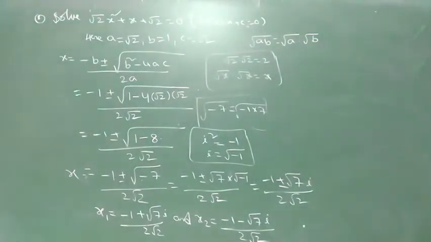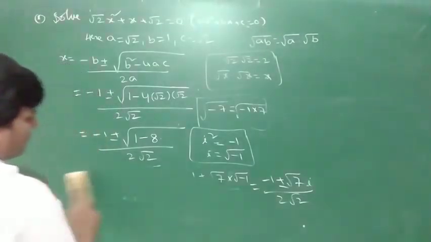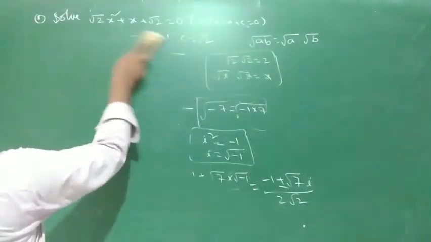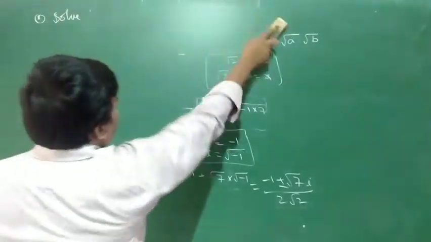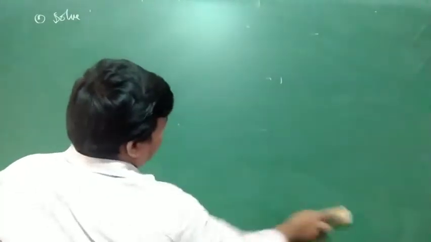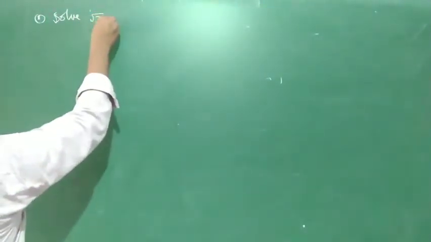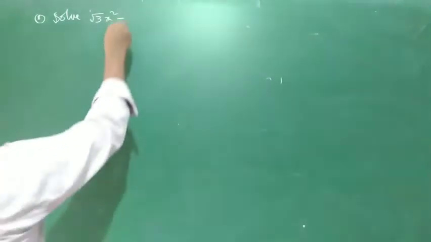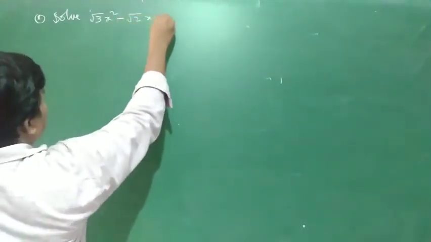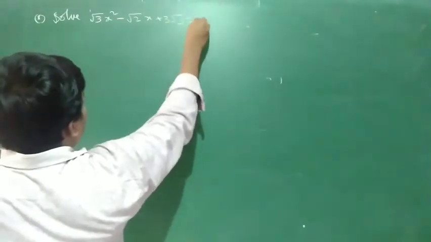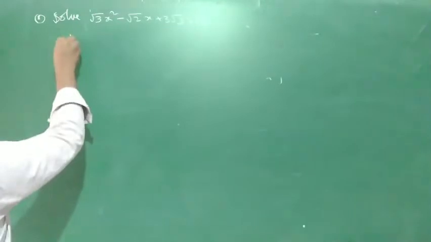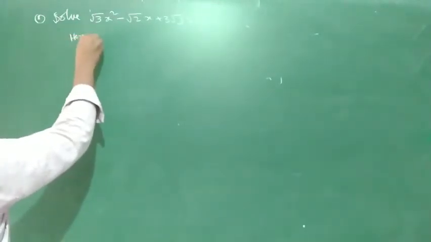Okay, next one. Root 3 x square minus root 2 x plus 3 root 3 is equal to 0. Here, what is a?